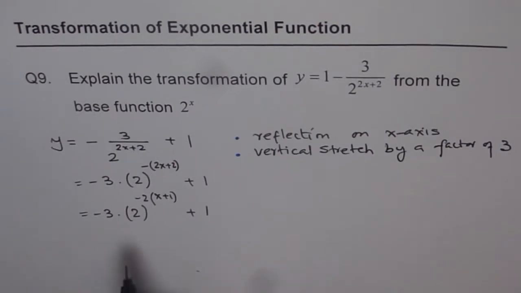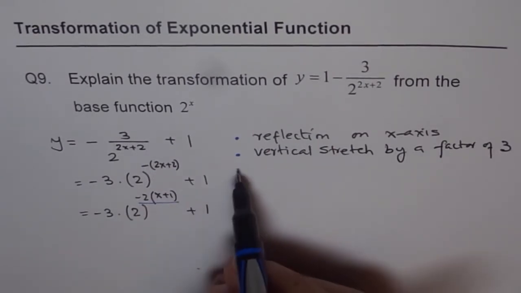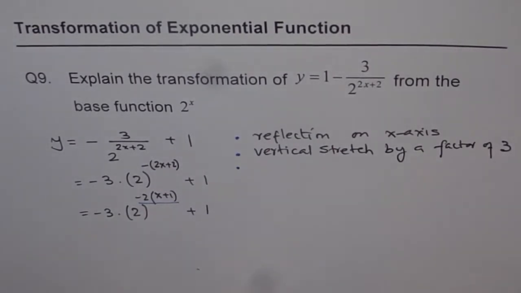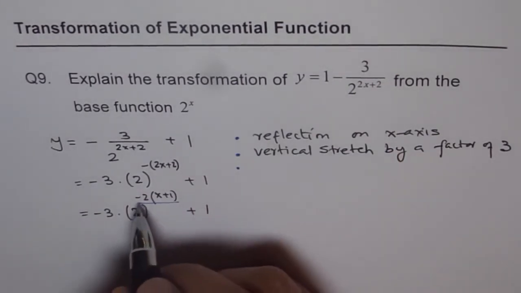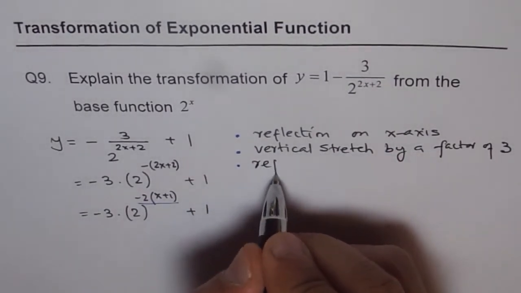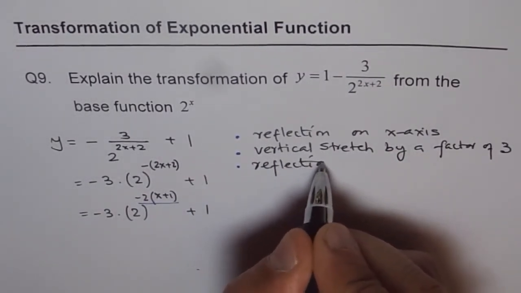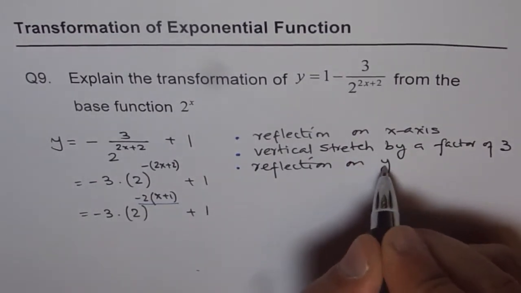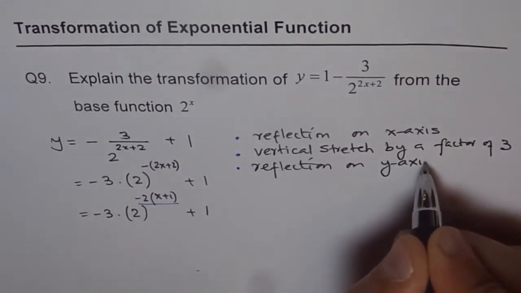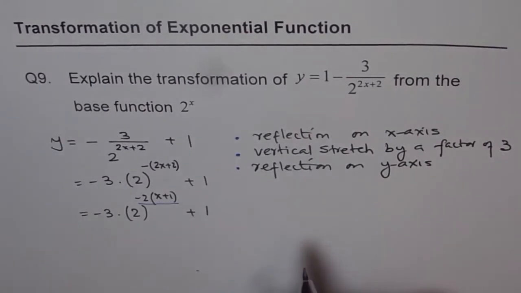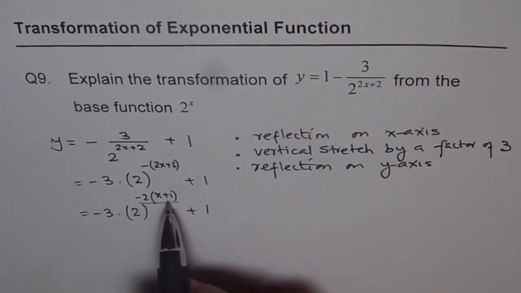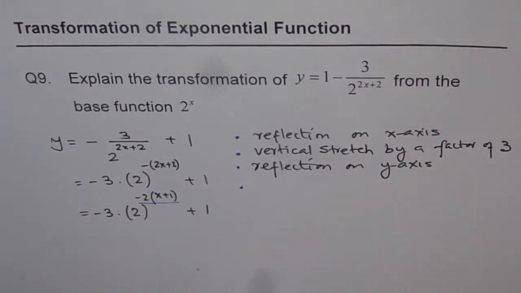And then that corresponds to horizontal transformation. Minus means reflection, so we have reflection on y-axis. So that is horizontal in nature, so it moves in the other direction. And then we have 1 unit moving left, right? So it's horizontal translation.